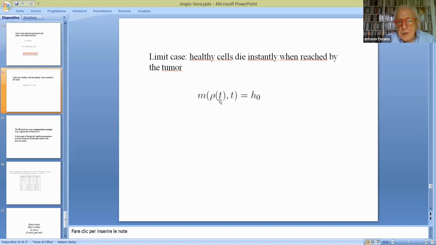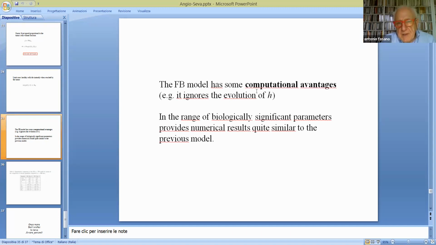So we have a simple condition for n, the density of dead cells, on the free boundary. And this has some computational advantages because the domain is smaller and we don't have to deal with the component H, so the system is reduced.